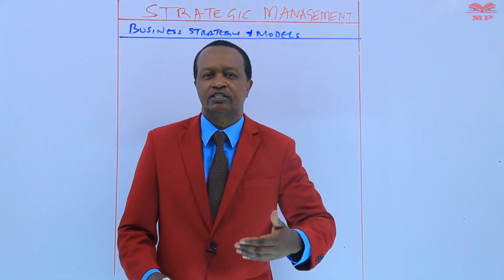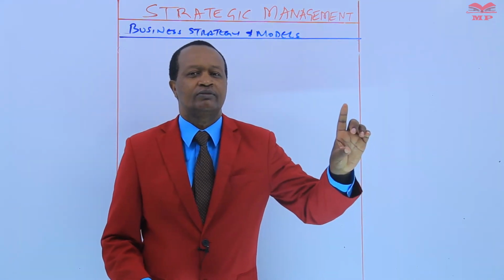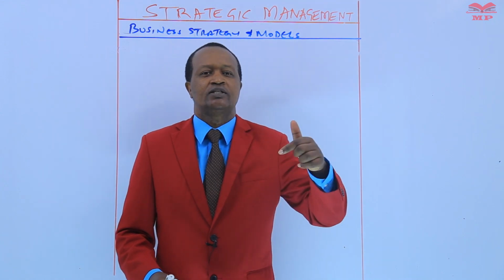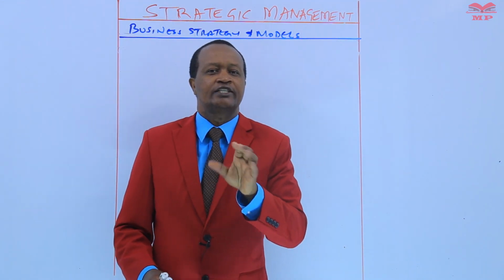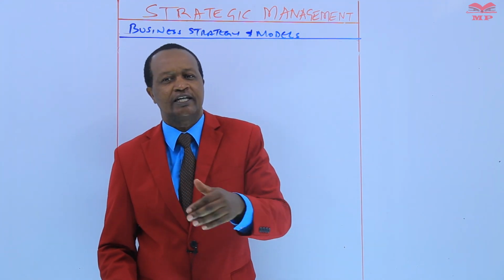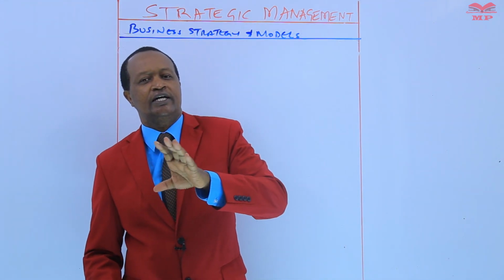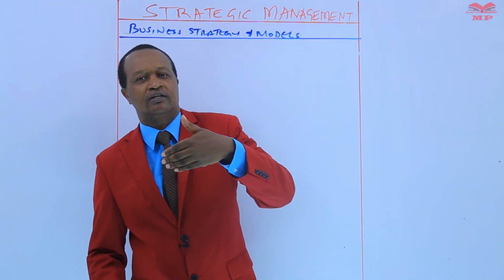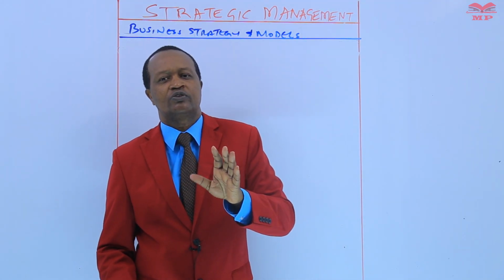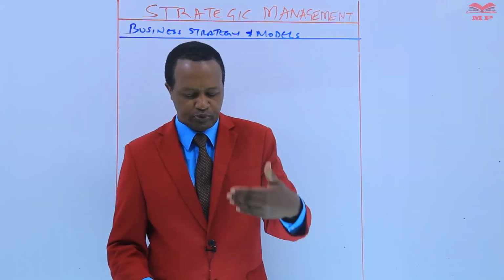So a business strategy outlines a company's long-term goals and actions that it will take to achieve, and it also involves analyzing the competitive landscape, identifying target markets. A strategy also involves developing a unique value proposition.